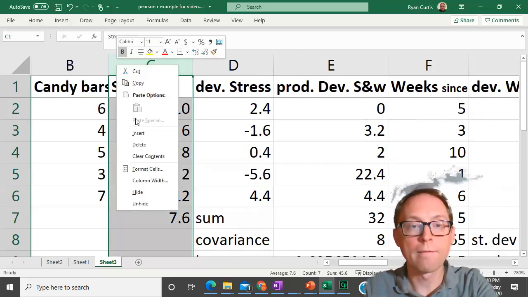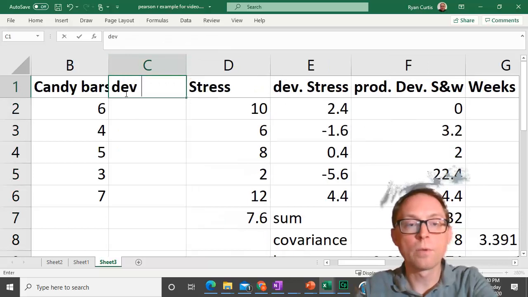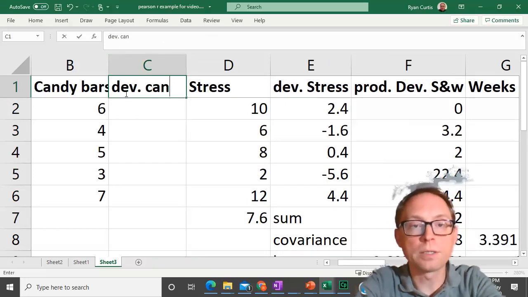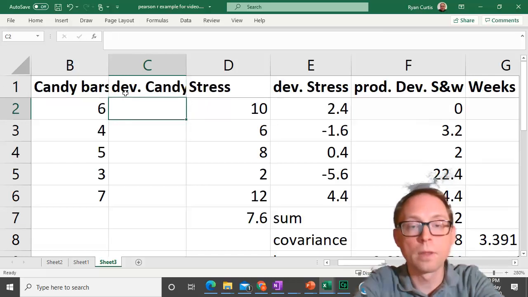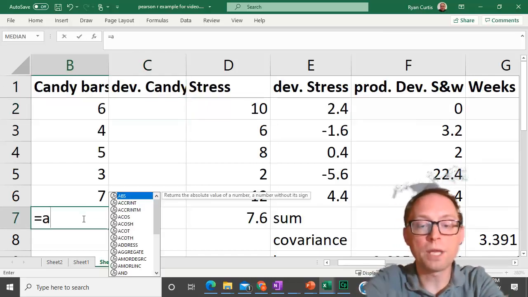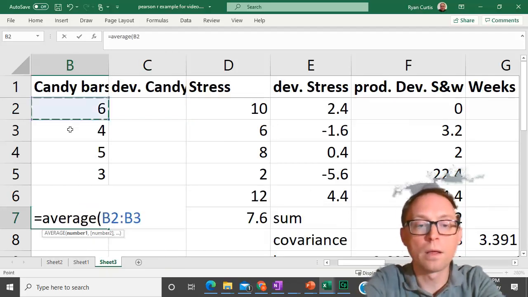All right, so let's make a new one right there. This is going to be the deviation of candy bars. Now, remember, in this particular case, stress is going to be x, and candy bars is going to be y. So the first thing I need to do is get the mean. This is going to be the mean of candy bars.